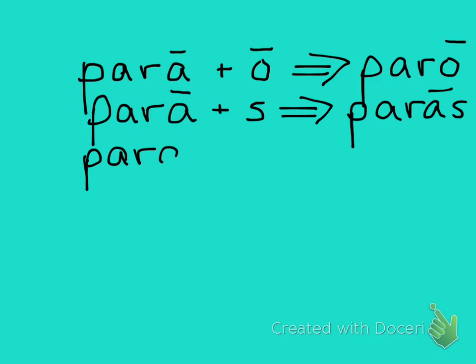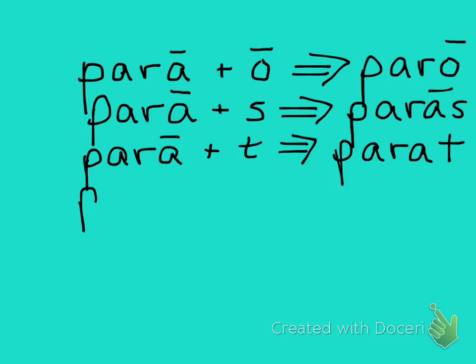Para plus T is how you form the he, she, it form, parat. Then for we prepare, it's paramus. Sorry, I forgot to do it in pieces.